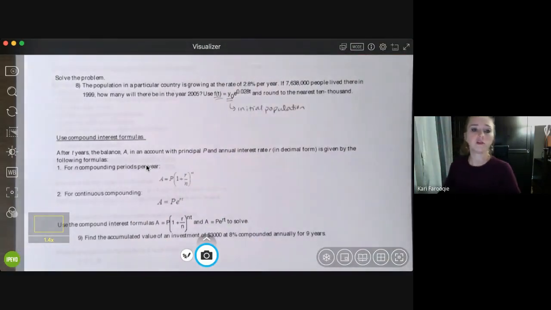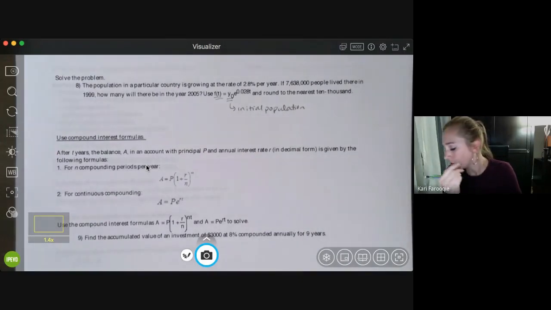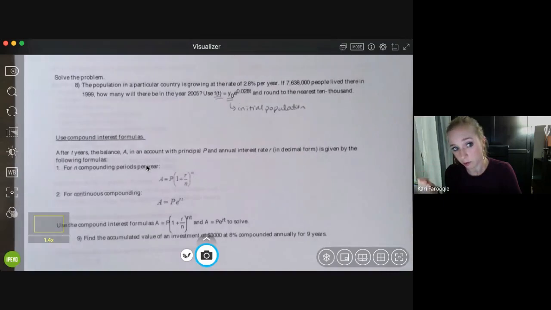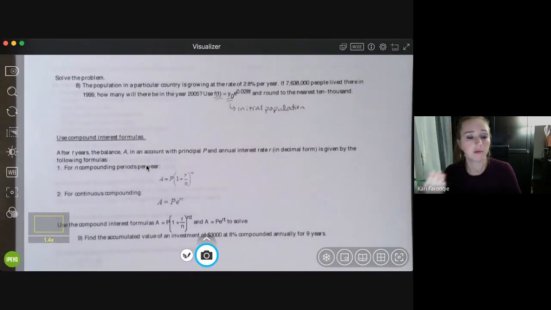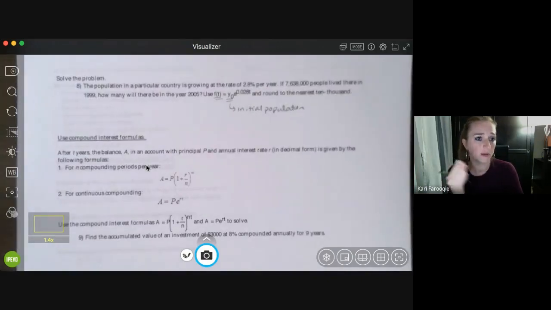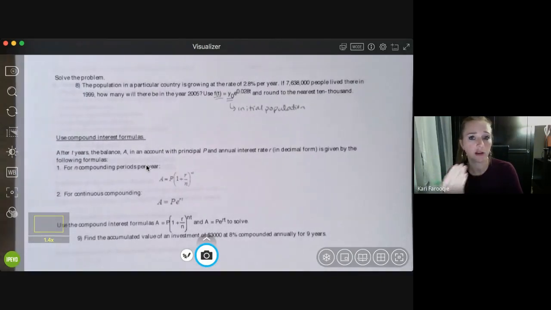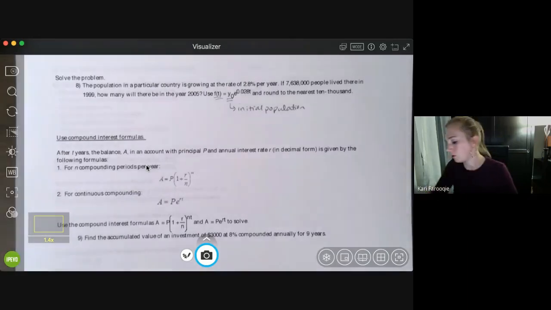So what this function is doing is it's taking the initial population and multiplying it by this growth factor. Now that factor is going to depend on how long the growth is occurring. You were not given a particular value in this problem for t. However, you were told that the initial population was from 1999, and the population that you're looking at is in 2005. So we're going to use t equals 6 years.